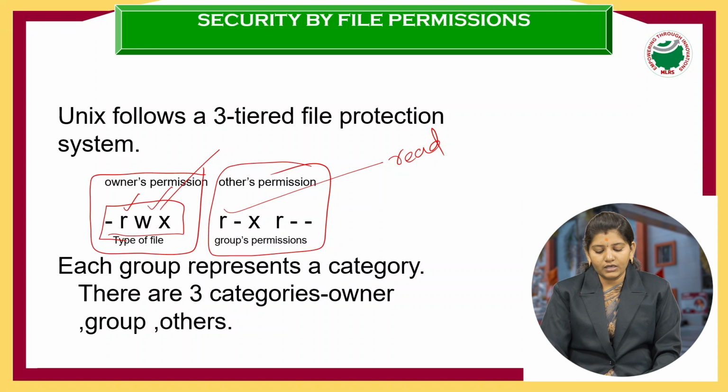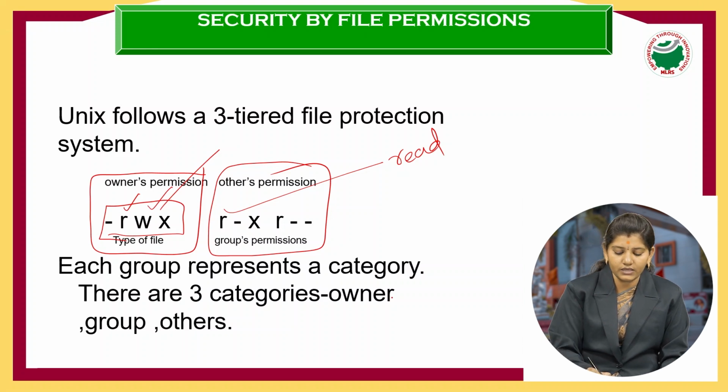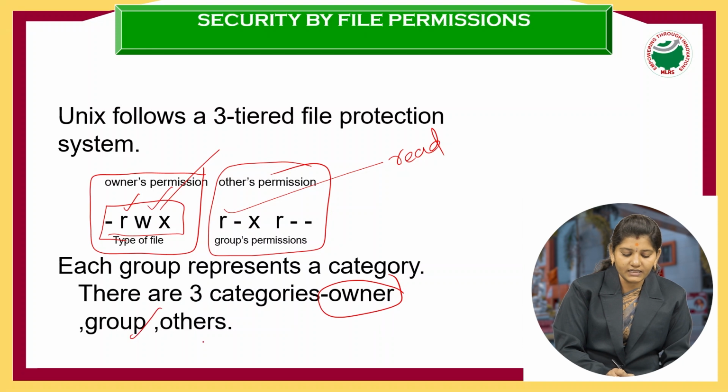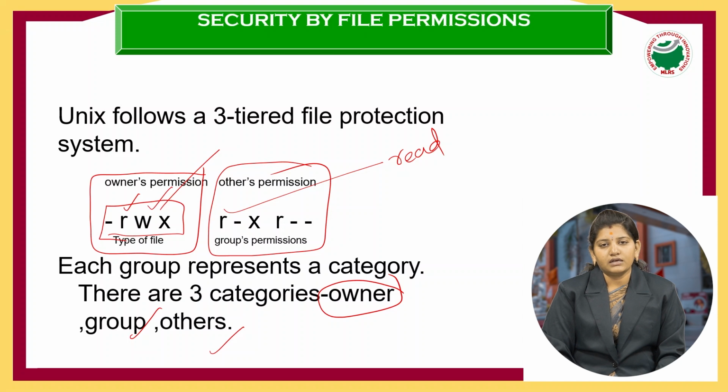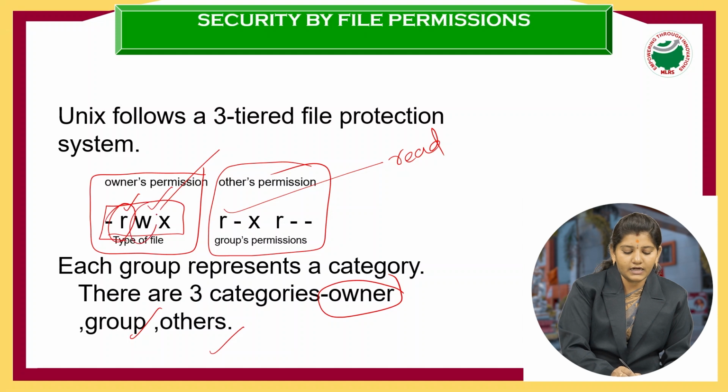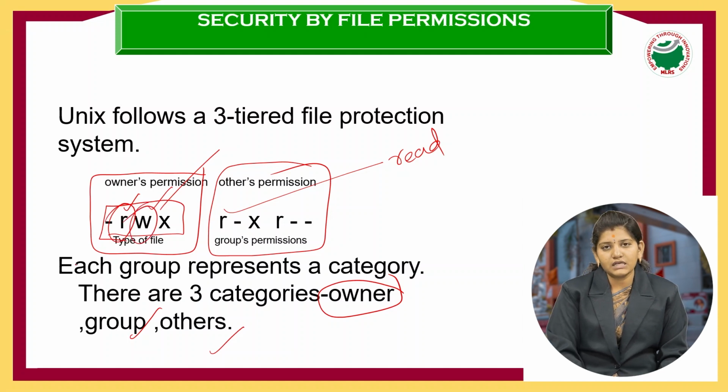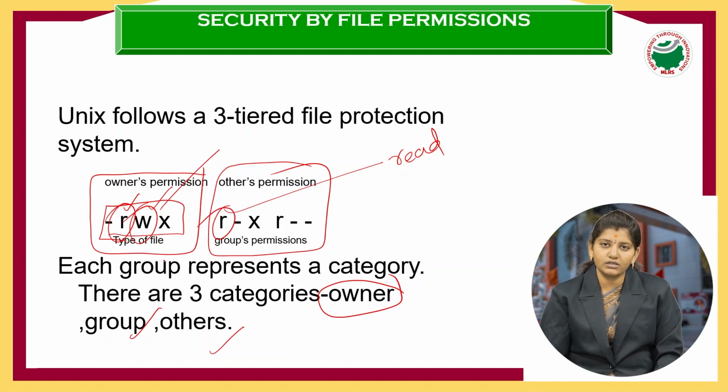Each group represents a category. There are three categories: owner, group and others. Owner permissions are for the author, who has read and write permission, but the others, the users who are just using the data, have only read permission. Those users don't have any write permissions.